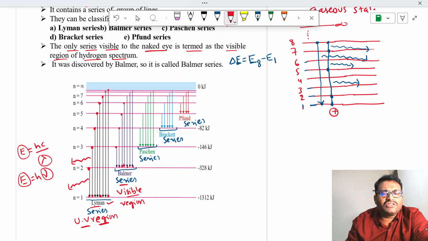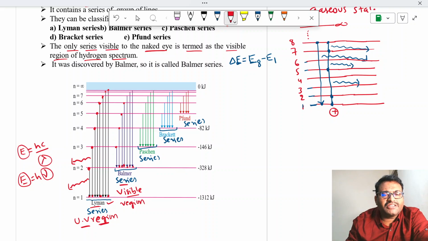Among all those rays, only a range of wavelengths is visible, and that's called the visible region. In this visible region we have 7 colors, VIBGYOR.